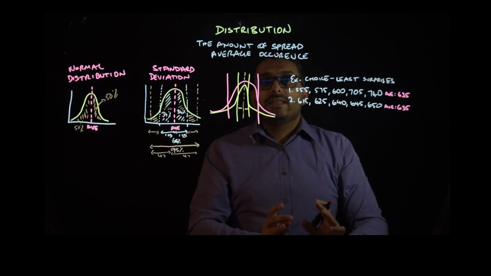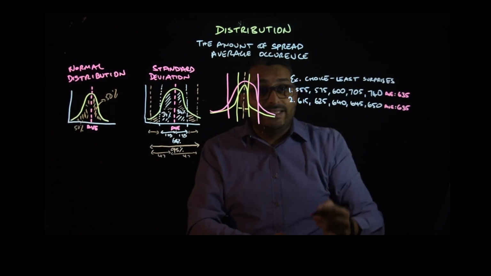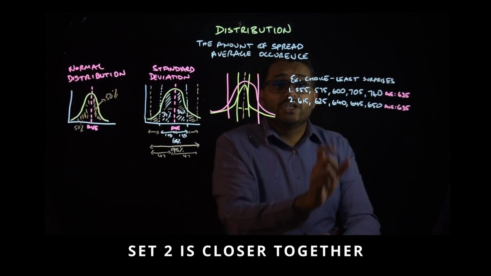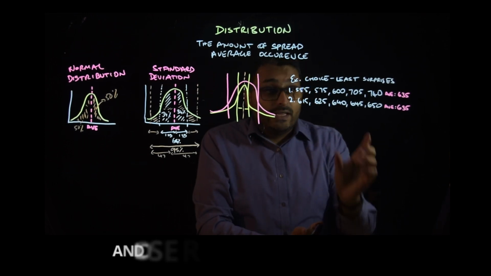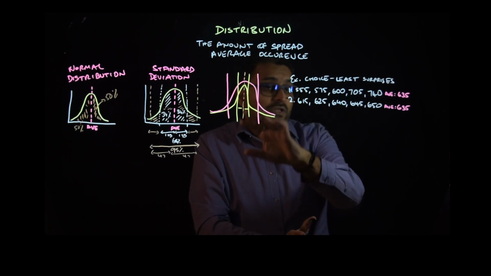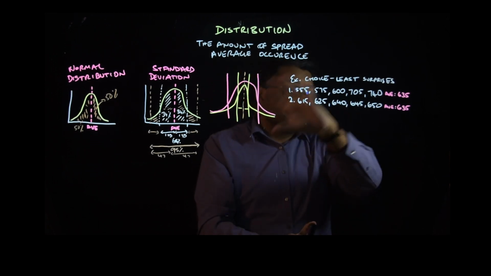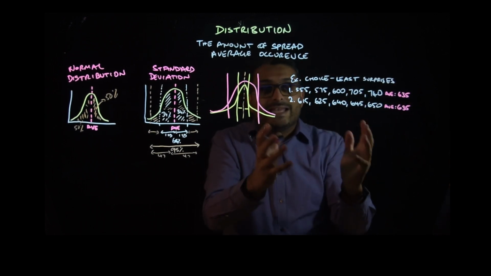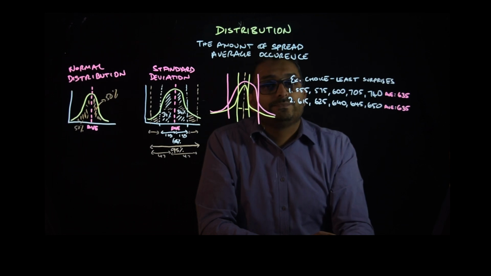Now, I can see that the data, just by looking at it, for set 2 is closer together and closer to the average. It is obvious, therefore, even without doing any calculations or doing any graphs or anything like that, that in set 2 there is less deviation.